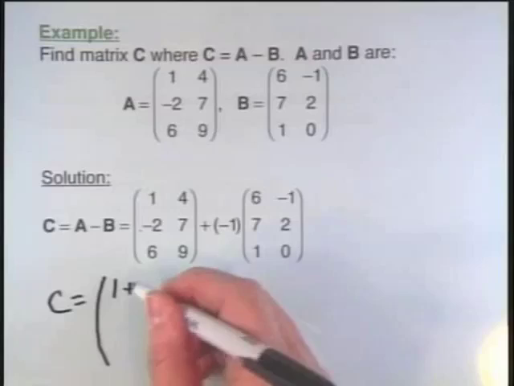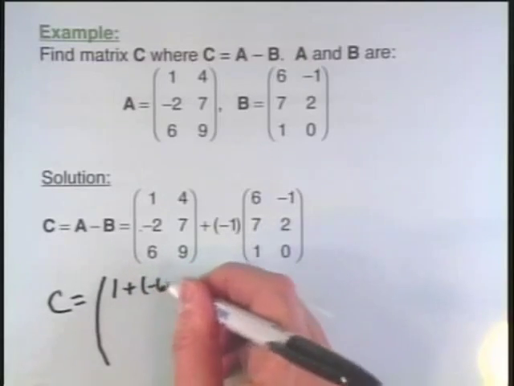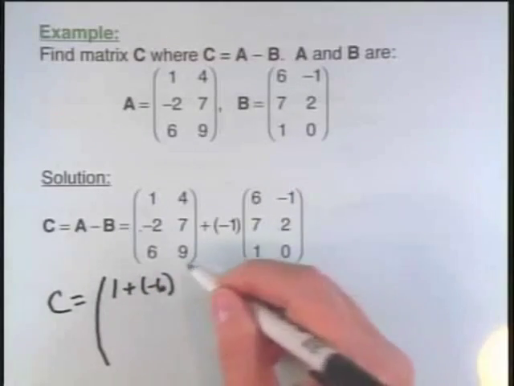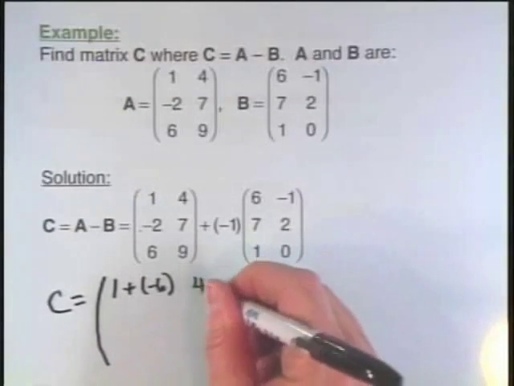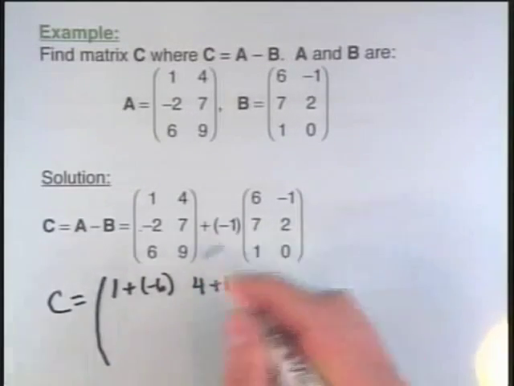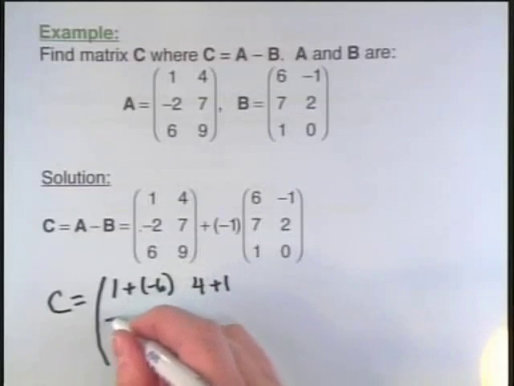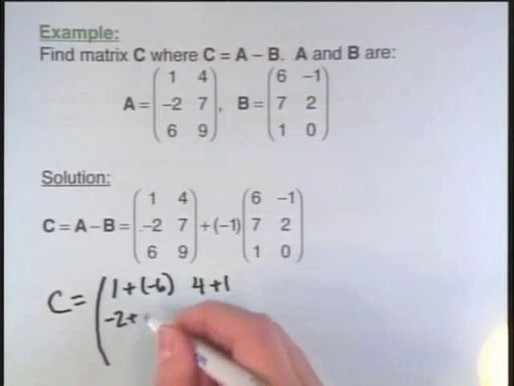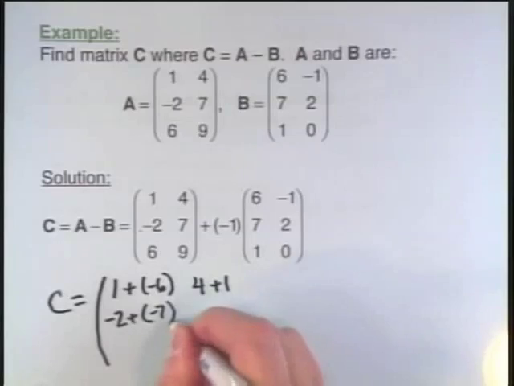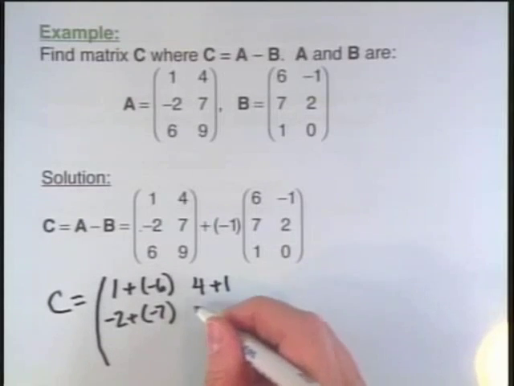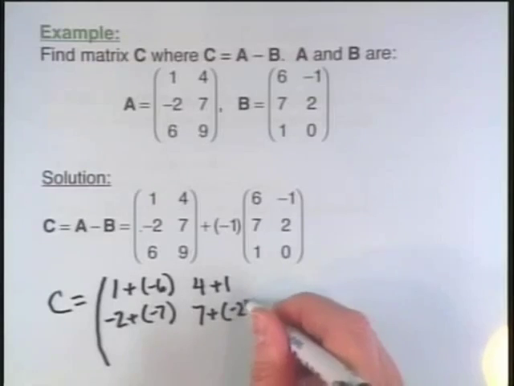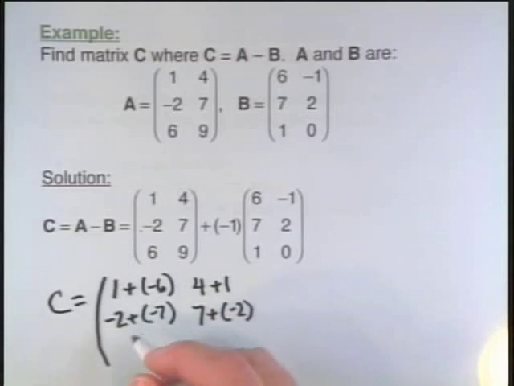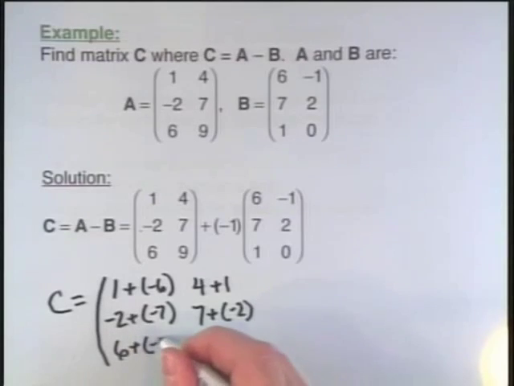1 plus negative 6 in the first entry. The row 1 column 2 entry is 4 plus 1. Row 2 we have negative 2 plus negative 7. The row 2 column 2 entry we have 7 plus negative 2. In the row 3 column 1 entry we have 6 plus negative 1.